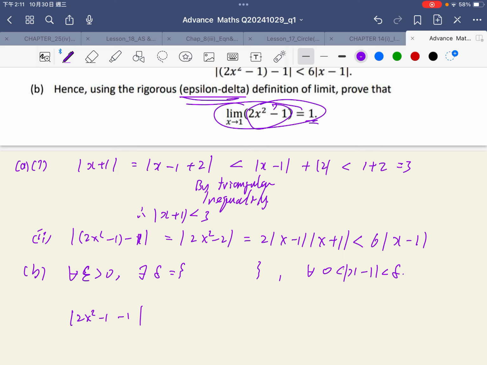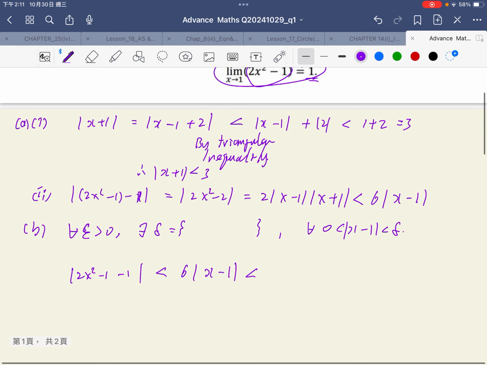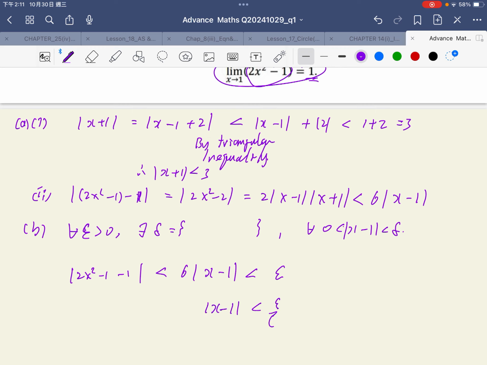By the previous section, we have 6 times absolute x minus 1. Therefore, if we want this to be less than epsilon, then we have to choose delta equal to epsilon over 6.